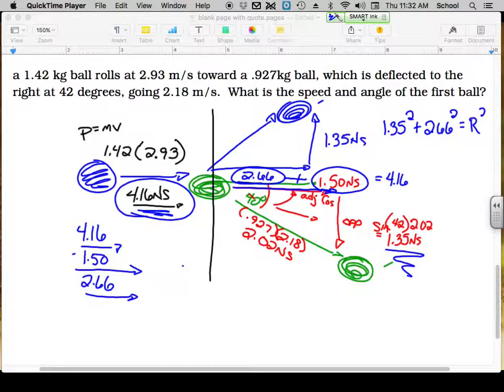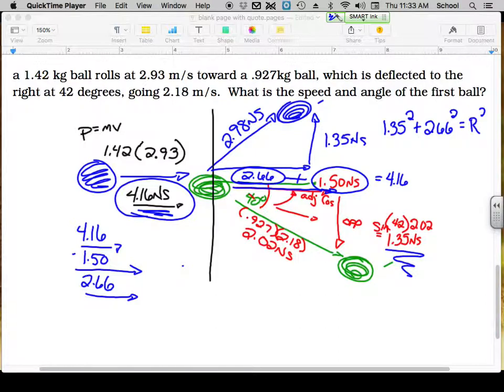And so when we run that through our calculator, we find that that turns out to be 2.98. And again, we're not using velocity for all of these, we're using momentum numbers on all of our pictures here. So that's all we've got.